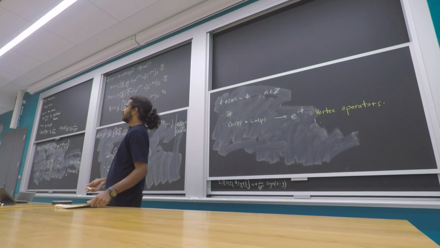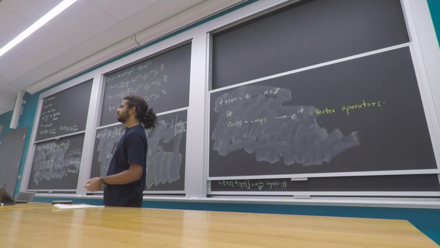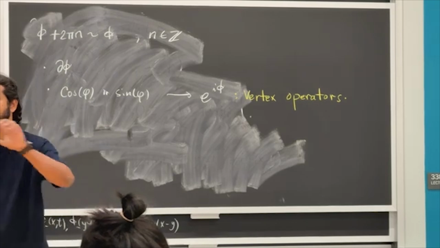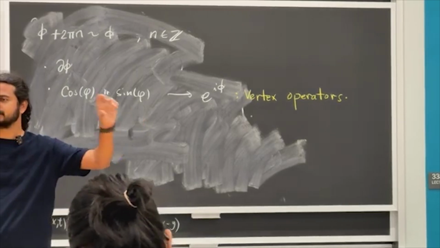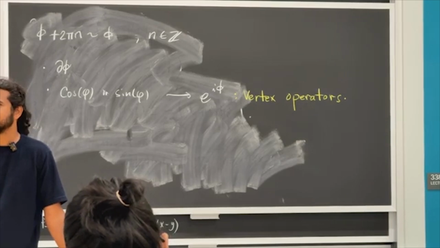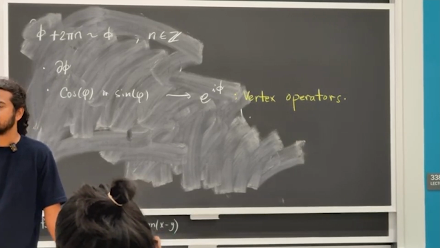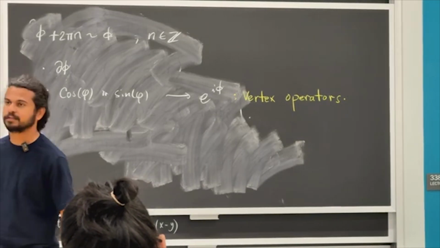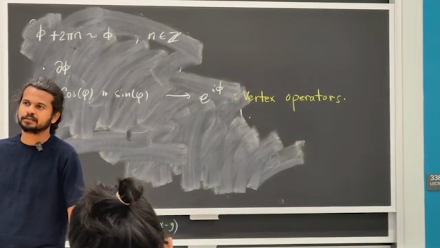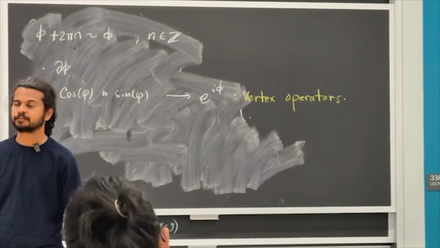Or no, if it's 2D, you can have left movers and right movers as your solutions, right? Does it have to be compact? I don't think it has to be compact. That's a property of the D'Alembertian, right?